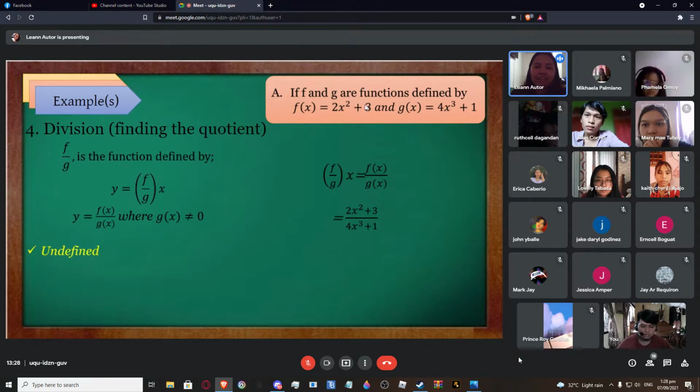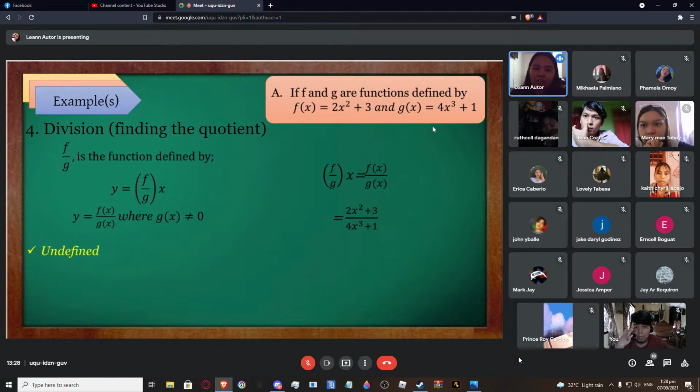All we need to do is copy. Alright, ang f of x nato is 2x squared plus 3, and then ang g of x nato is 4x cubed plus 1.